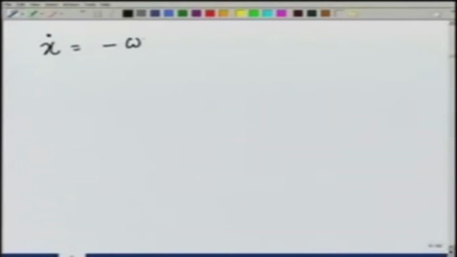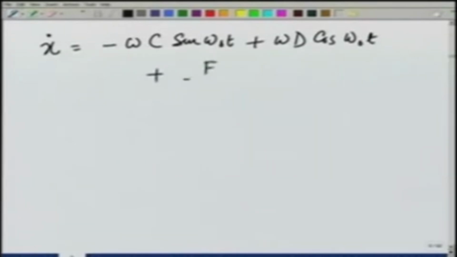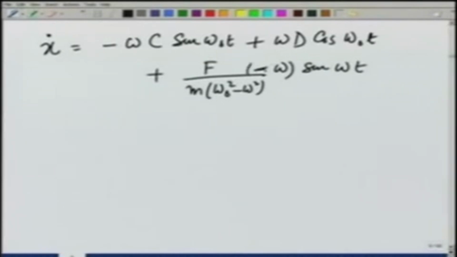Similarly, when I take its derivative x dot, it will give me minus omega 0 C sine omega 0 t plus omega 0 D cosine of omega 0 t plus F over m times omega 0 square minus omega square, times omega sine omega t with a minus sign here. And since I know x dot at 0 is 0, it gives me D is equal to 0.